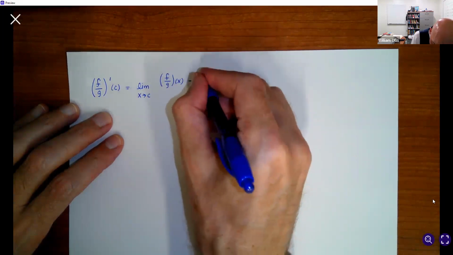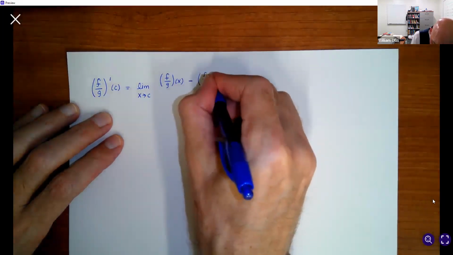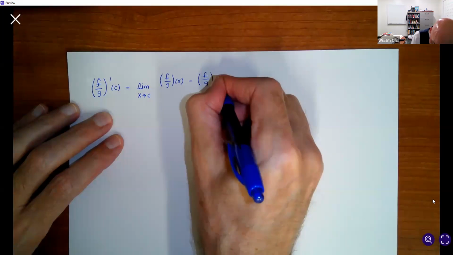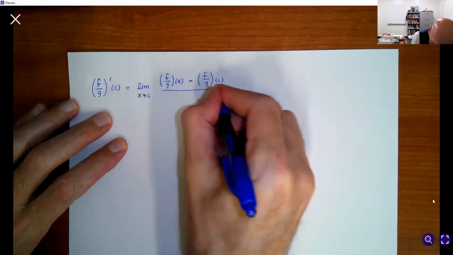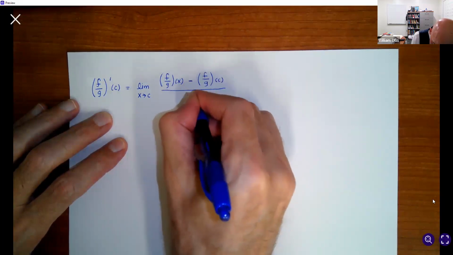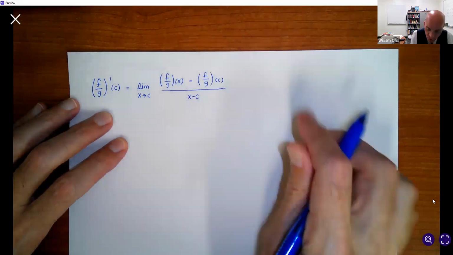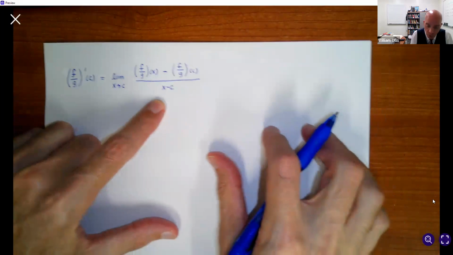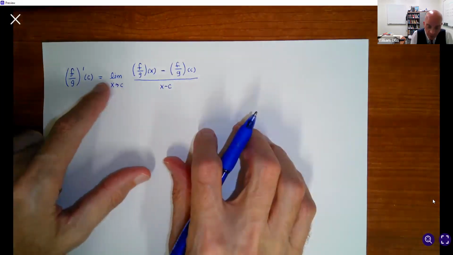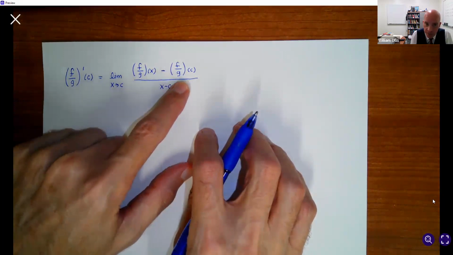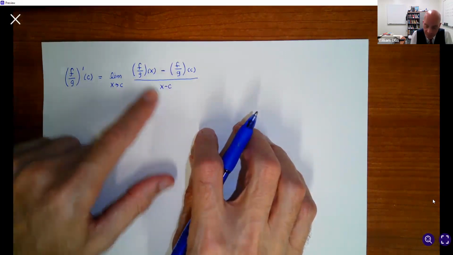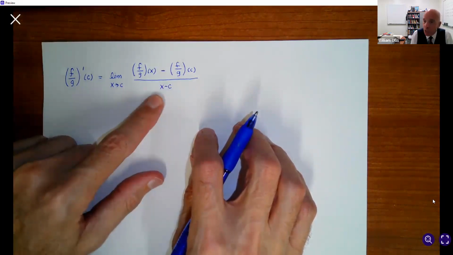minus f over g of c, divided by x minus c. So this is just the limit of the difference quotient, where we evaluate the function at x and we evaluate the function at c and divide by x minus c. This is indeterminate.